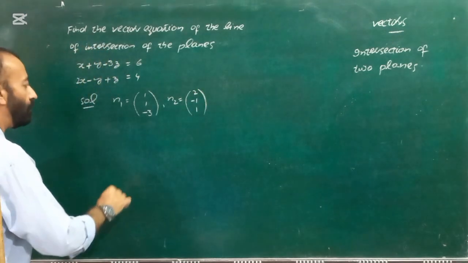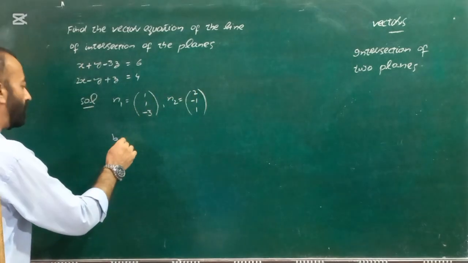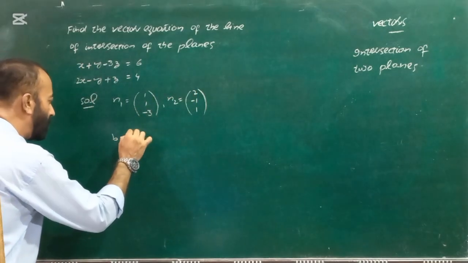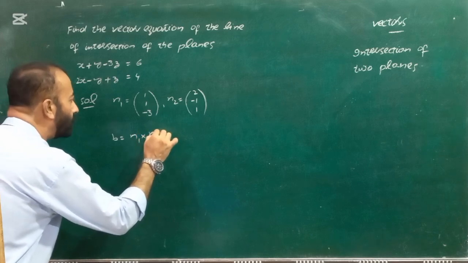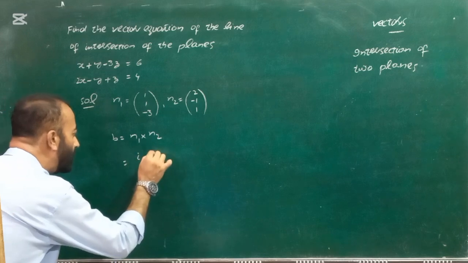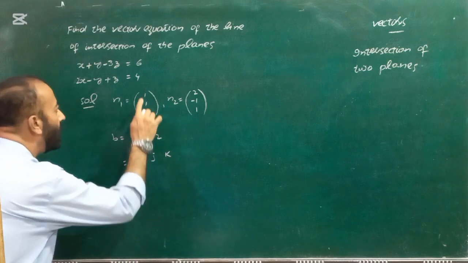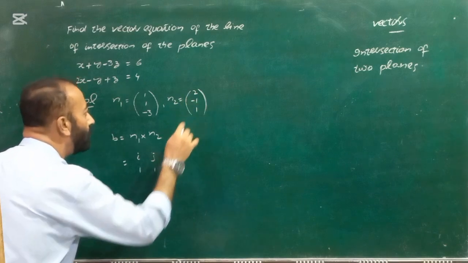Okay, so first we will find the direction vector of the line that is intersecting the two planes. That will be equal to b is equal to n1 cross n2. So that will be the determinant with i, j, k, 1, 1, minus 3 and 2, minus 1, 1.